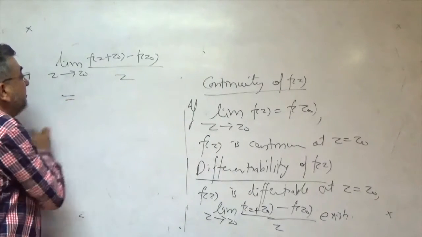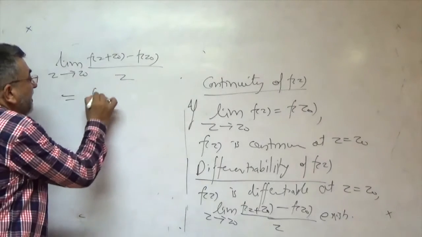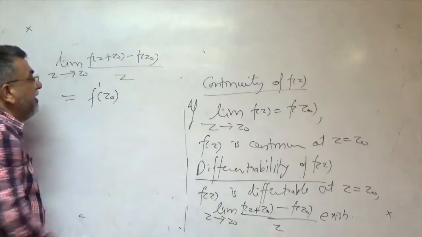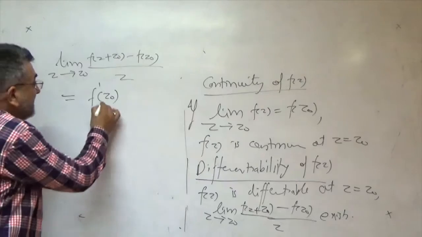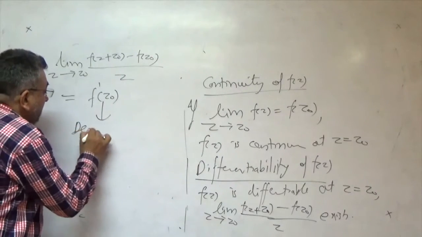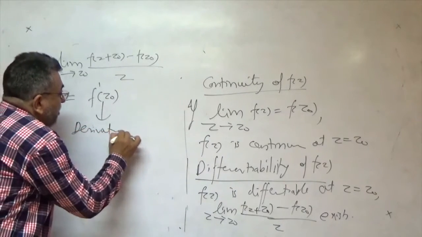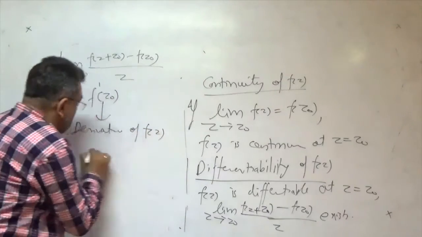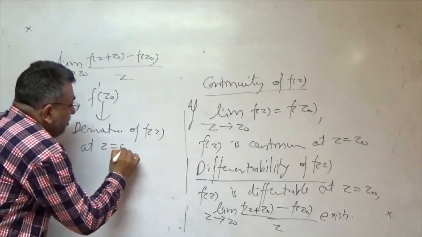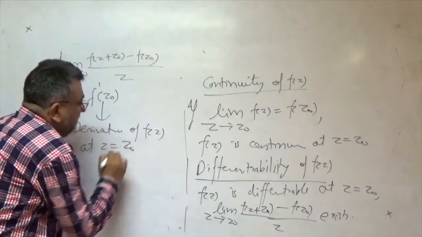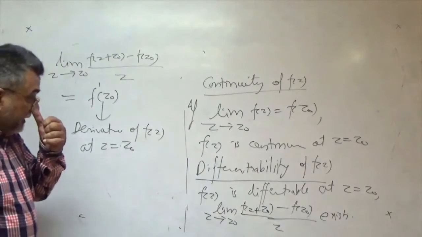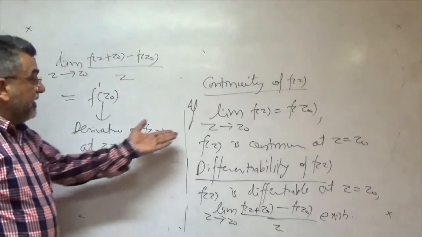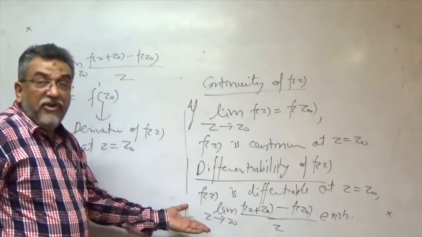And the value of this limit is denoted by f dash z naught, and it is actually called the derivative of the function f(z) at point z equal to z naught. Right? This is the third characteristic. It means if a function is continuous, then it may be differentiable.